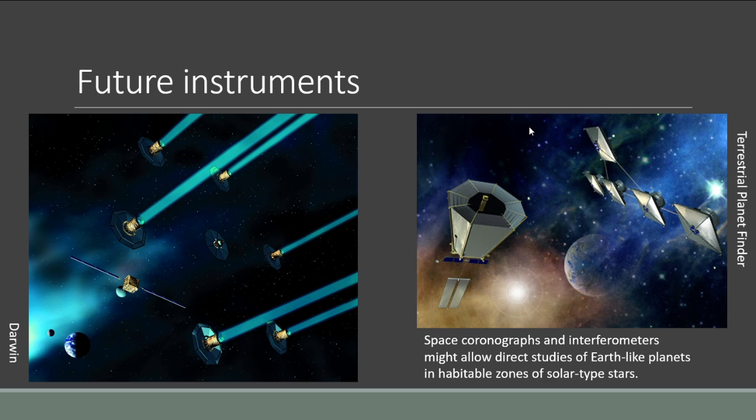There are different techniques to do it, but you have to get rid of the stellar light to see a small blue maybe dot close to it. And then, of course, Earth-like planets are very dim objects. So you need space instruments, instruments of a very special kind.